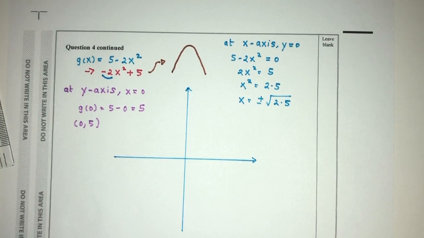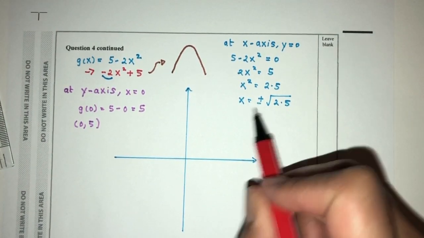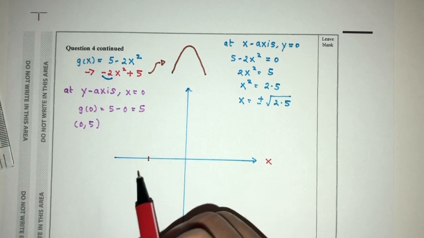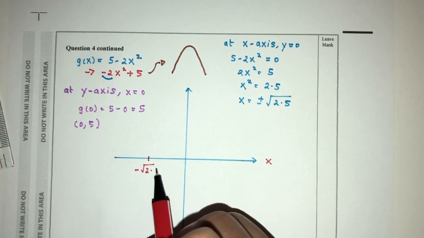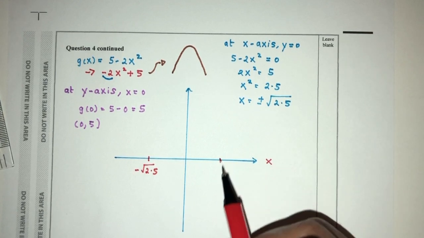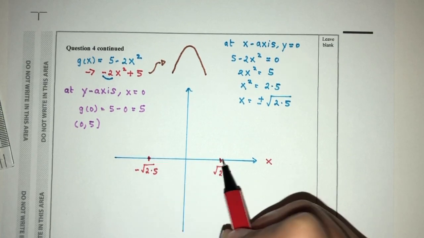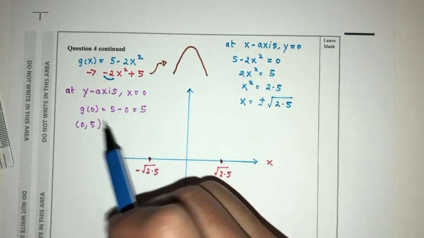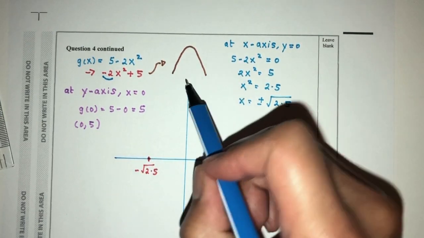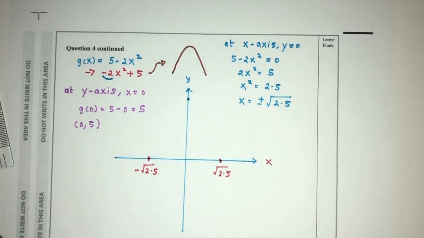These are the values on the x-axis, minus this and, let's say somewhere over here, approximately, plus square root of 2.5. These are the passing points. Now also the value on the y-axis, that will be 5, let's say somewhere over here.